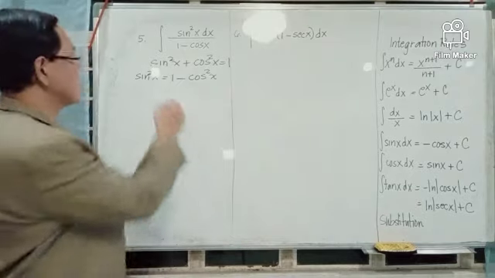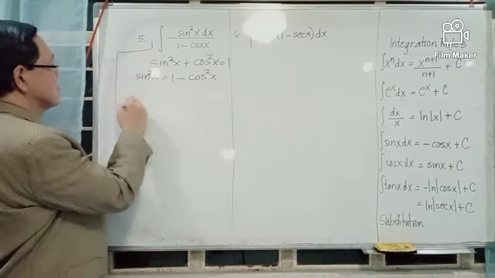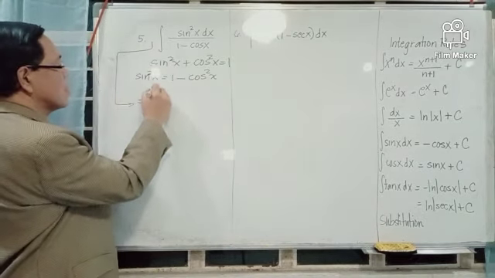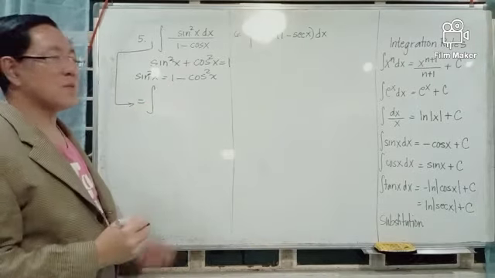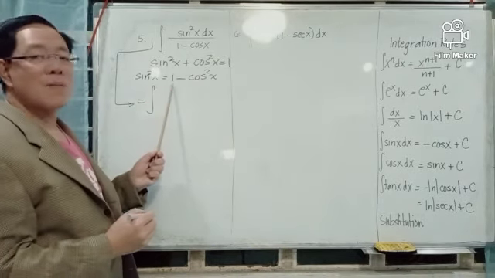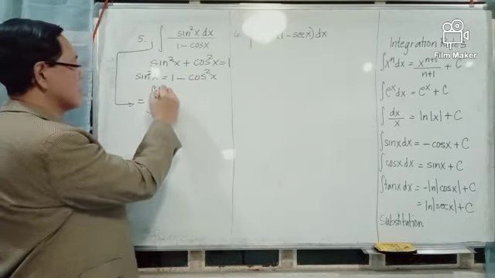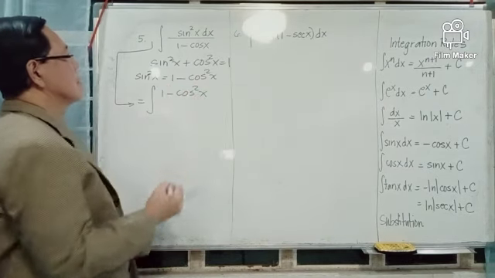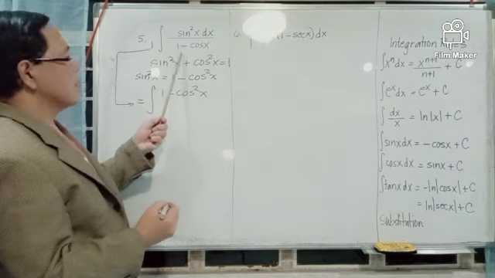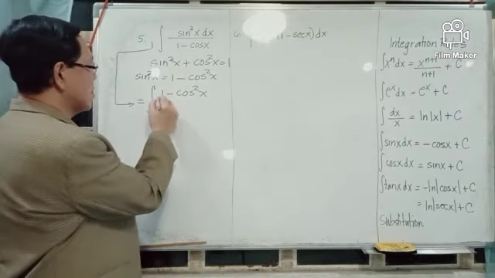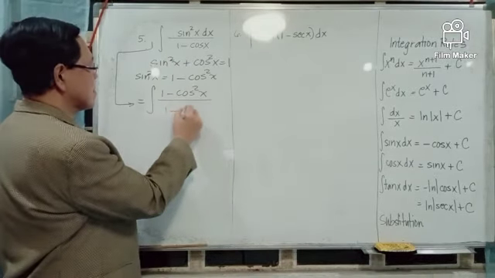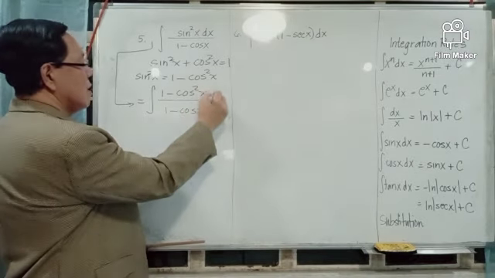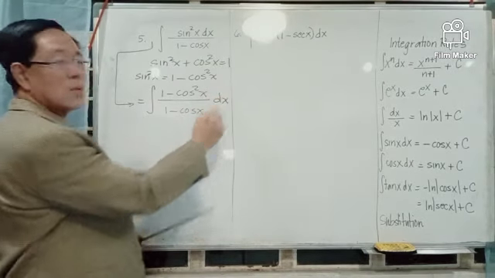Hence, the given integral is now equal to the integral of sine squared x, which is 1 minus cosine squared x, divided by 1 minus cosine x, and integrate with respect to x.